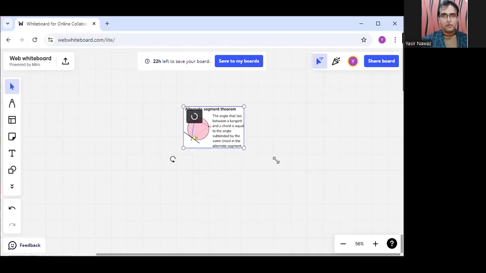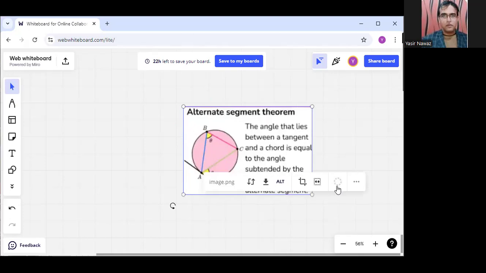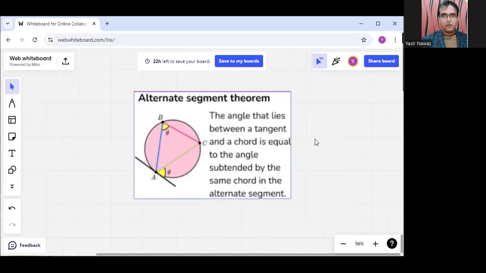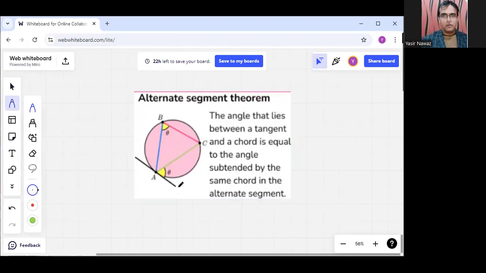So this is the theorem. The alternate segment theorem says that if some tangent, so this is the tangent.